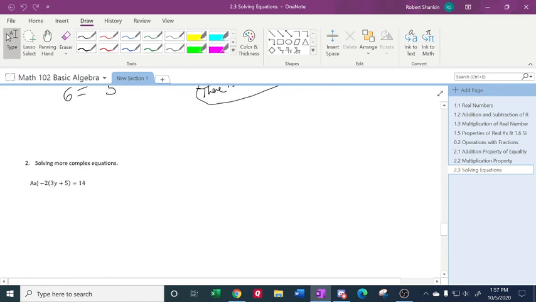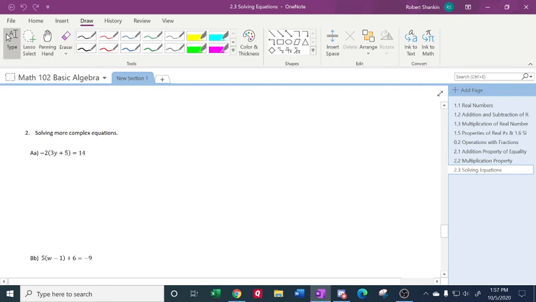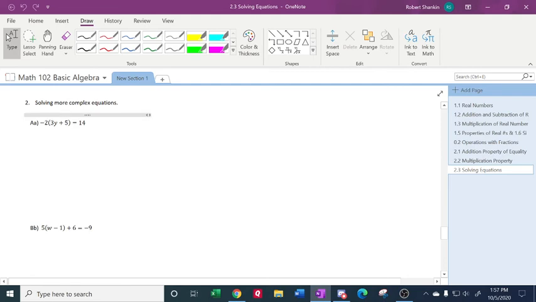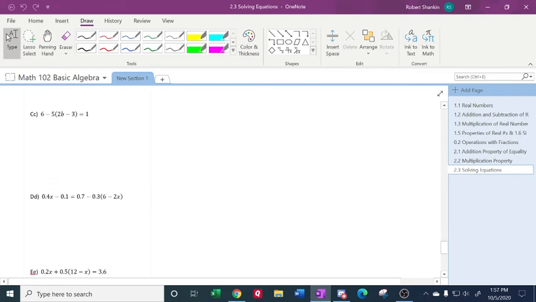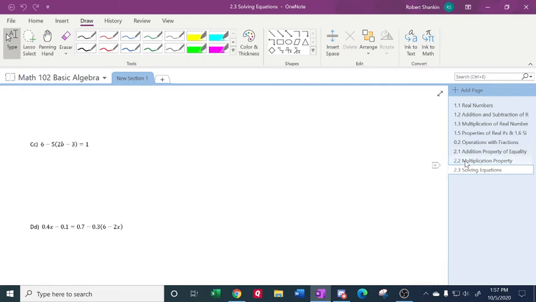All right. So now let's go to solving more complex equations. And y'all seem to handle these pretty good in the practice quiz. B and C, I want to go all the way to C, and we don't have a ton of time left over.